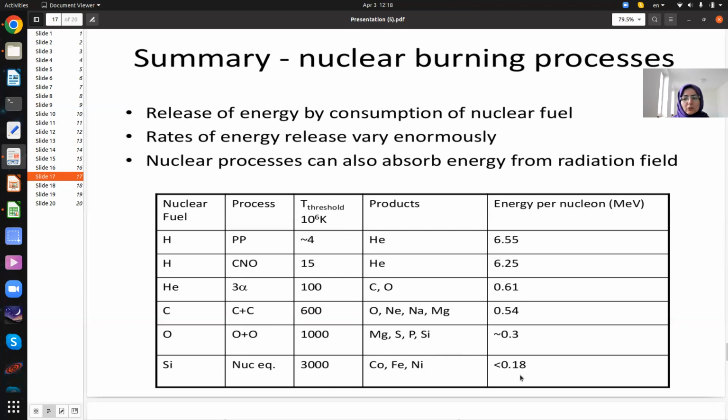The energy per nucleon is less, less than 0.18 mega electron volt. So the energy decreases, but the temperature increases, and the mass of the elements increases.